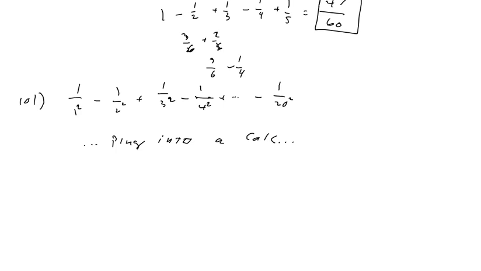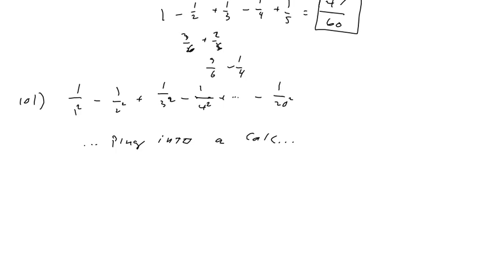You would just keep doing this until you get to 20. Plus 1 over 7 squared, minus 1 over 8 squared, plus 1 over 9 squared, minus 1 over 10 squared. You see what I'm saying? Just plug it into a calculator, get your answer.